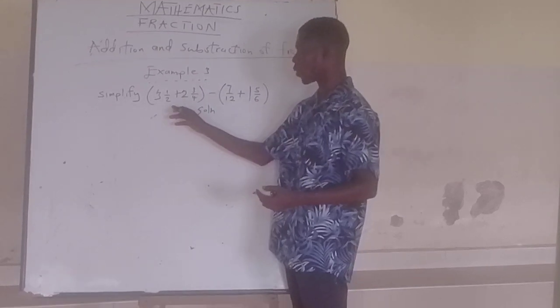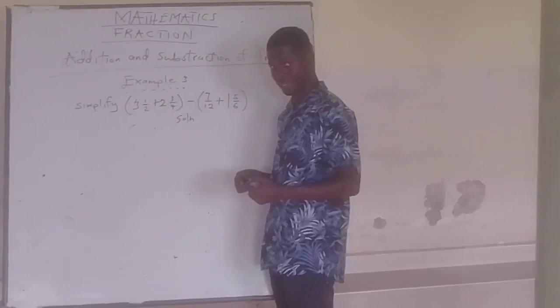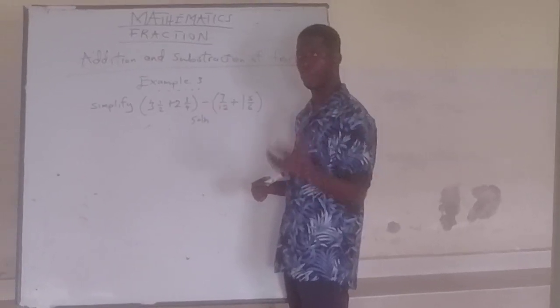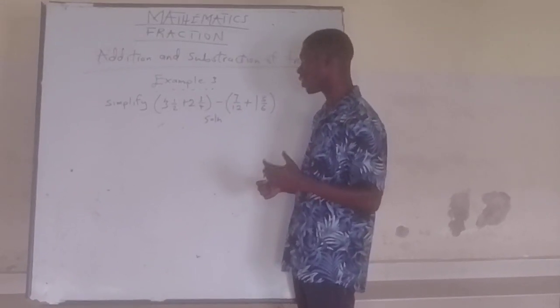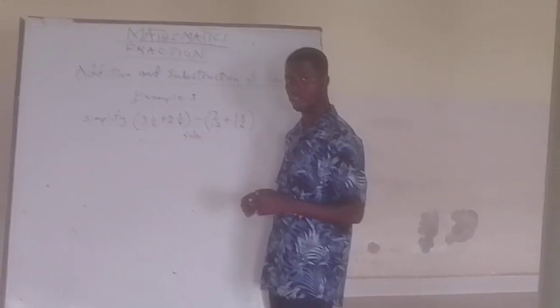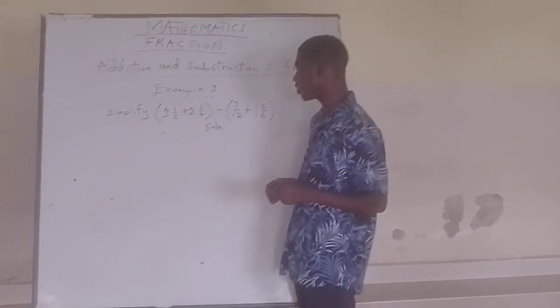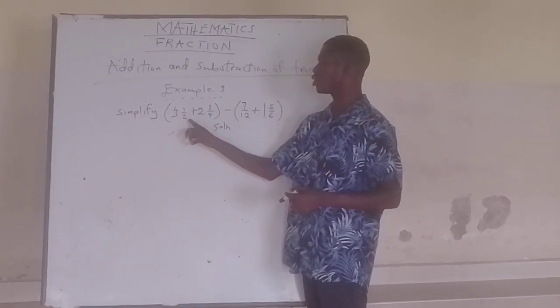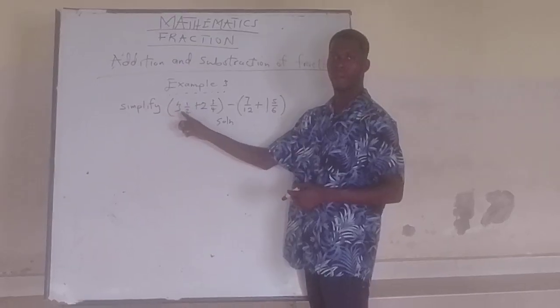So for this one, I won't waste my time because you already know how to change the mixed fraction to improper fraction. Right? Let me explain it to you anyway: you multiply the denominator by the whole number plus the numerator.